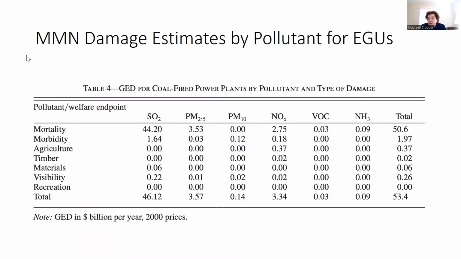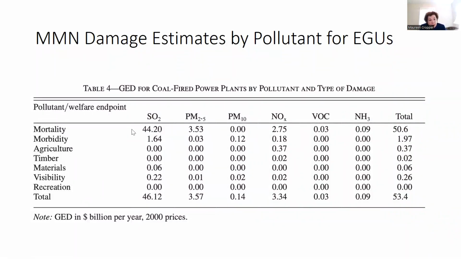So for coal-fired power plants back in 2002, the largest damages came from sulfur dioxide emissions. Many of those emissions were transformed into fine particles. The PM2.5 here means directly emitted PM2.5, PM10 directly emitted PM10, and so forth.